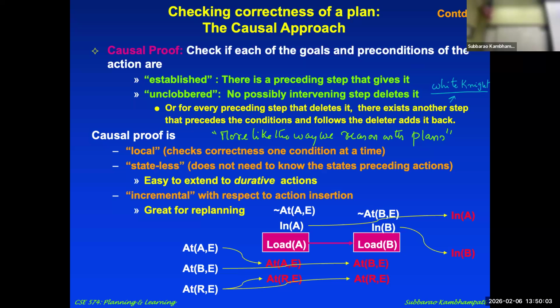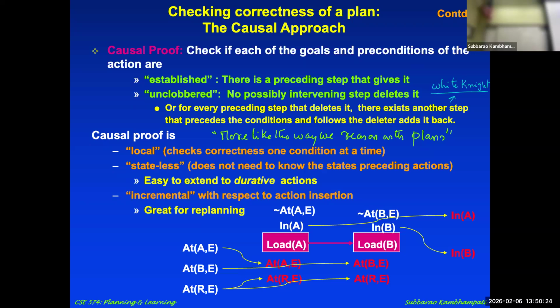You call these causal links. It is causing that condition to be true. Similarly, is there somebody in the plan that makes in B true? Load B does. So I'll put a link from there.